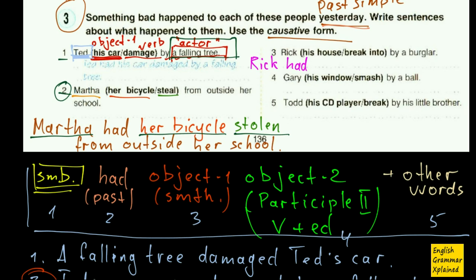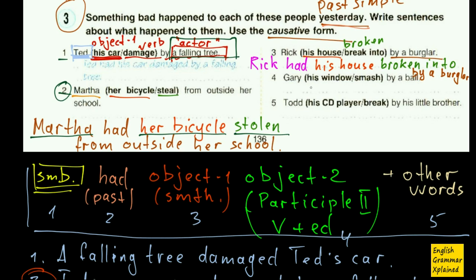Then I put the first object, his house. Then comes break into, but it's also an irregular verb, so it will be broken into. And then the agent or actor who actually performed the action.